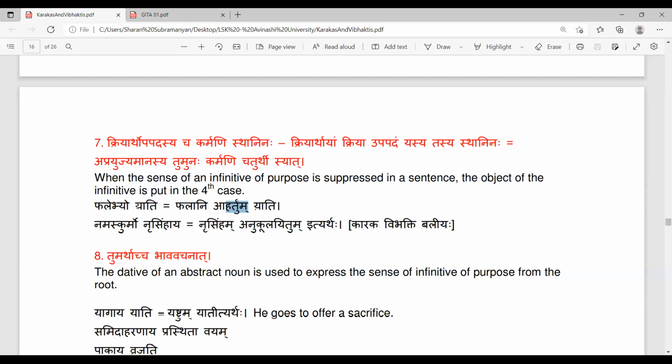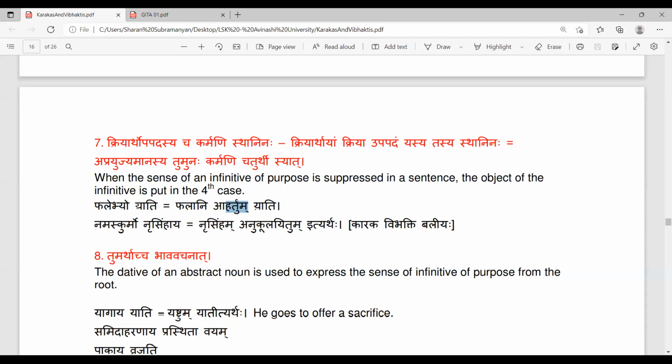When the tuman pratyaya is not used, but it implies a karma, then that will be in Chaturthi Vibhakti. Namaskurmaha Narasimhaya, Narasimham anukulayitum. You do namaskara for what? For the anukula, the grace of Narasimha.